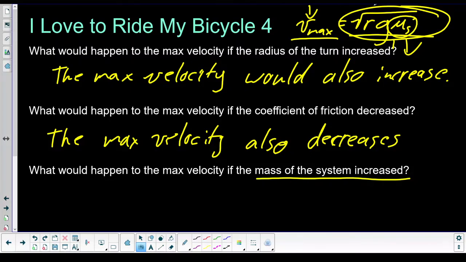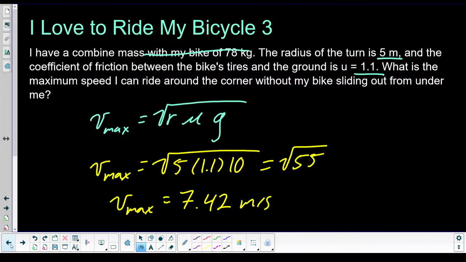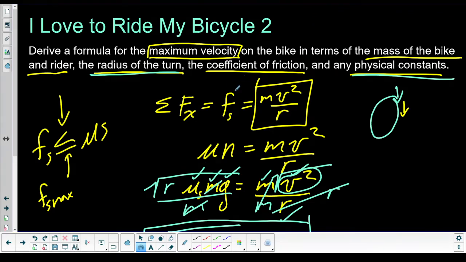Keep in mind, this is not true in general for all circular motion. This is only true because the force making me go in circular motion is dependent on the normal force, and the normal force in this case was equal to the weight, which also depends on mass.